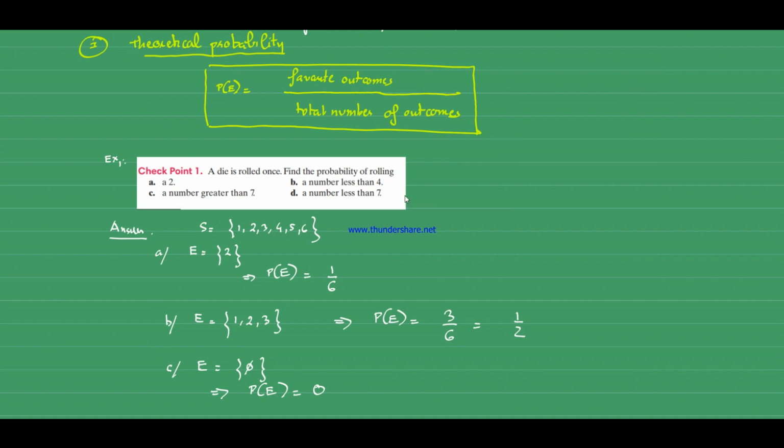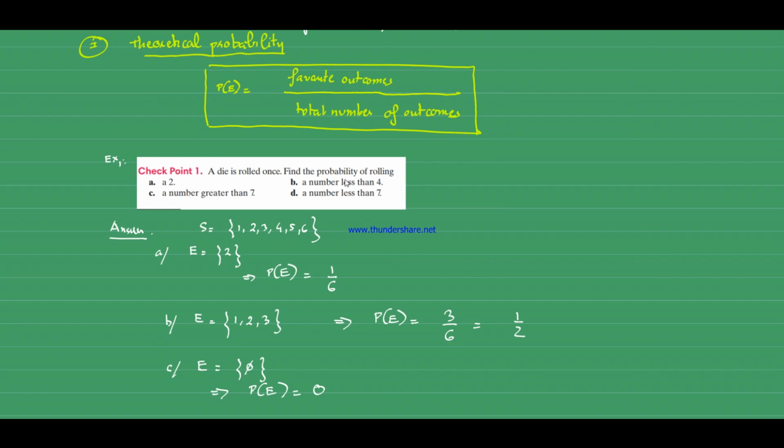If you notice in the first example, it says a die is rolled once. Sometimes the question doesn't say anything about dice being rolled or not. It just says find the probability of getting number 2 in a die.